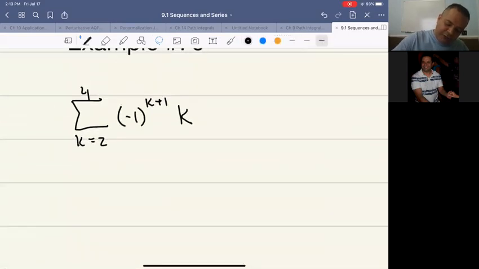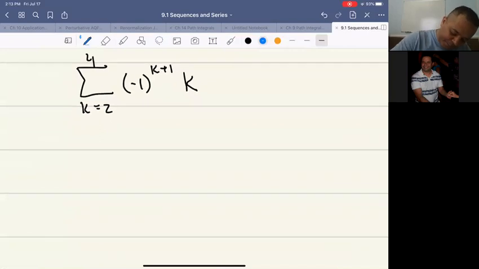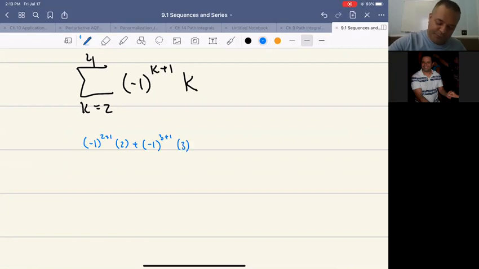Okay, so that's going to be negative 1 to the 2 plus 1 times 2, that's k equals 2, plus negative 1 to the 3 plus 1 times 3, plus negative 1 to the 4 plus 1 times 4.